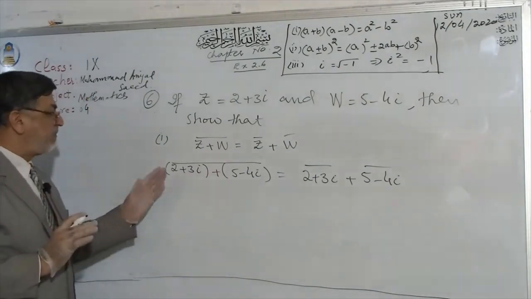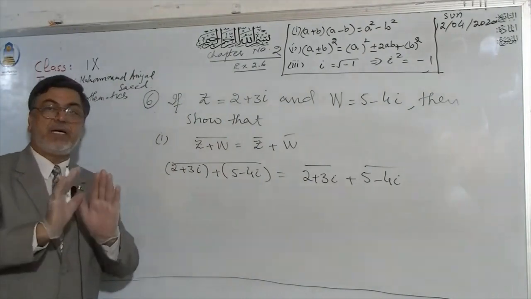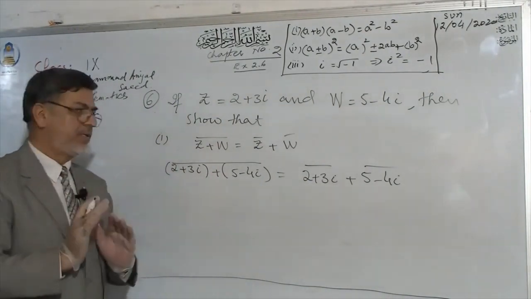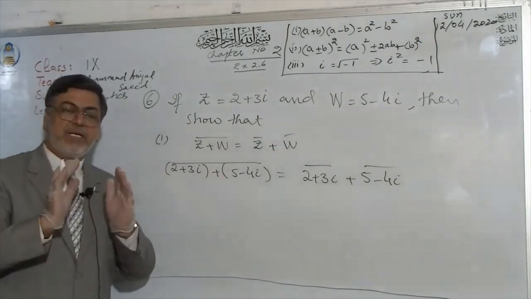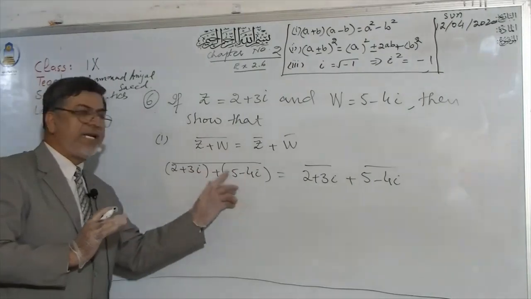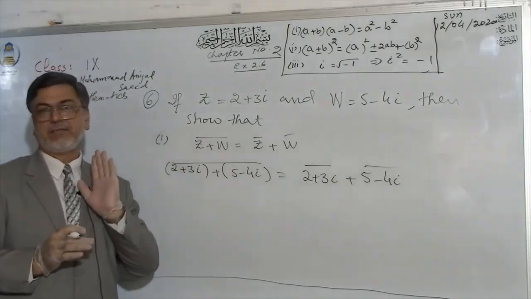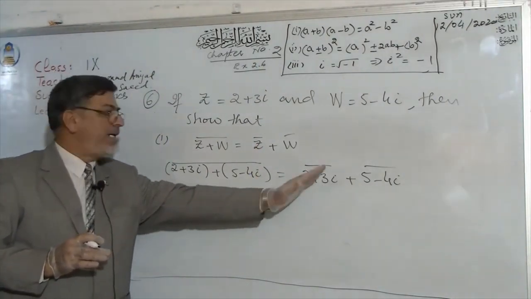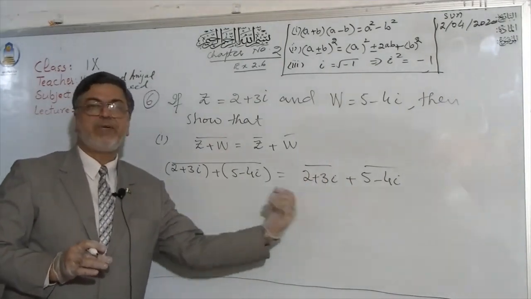So first of all we simplify, and we will not open the bar until we convert it into a single complex number. Repeating, on the left hand side we will convert these two complex numbers into a single complex number and then we will apply the bar. But on the right hand side, immediately we write down the conjugate of these complex numbers and add them. The answer will be the same.